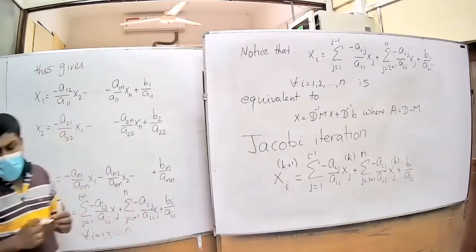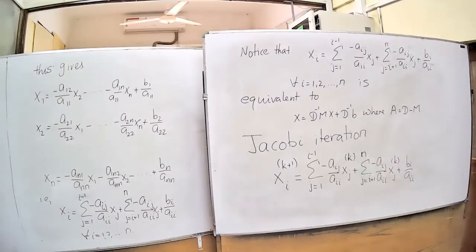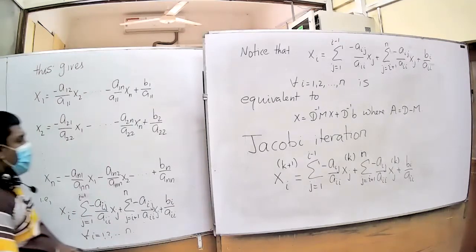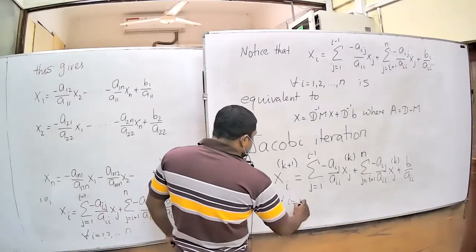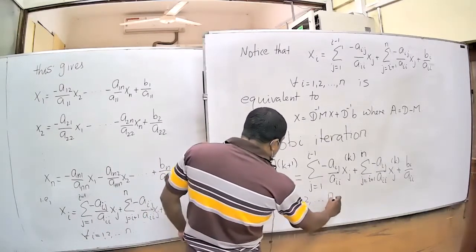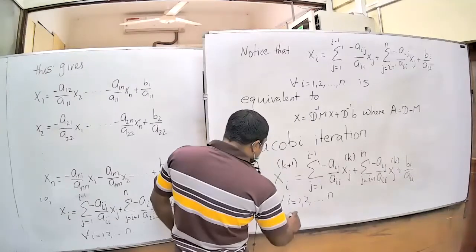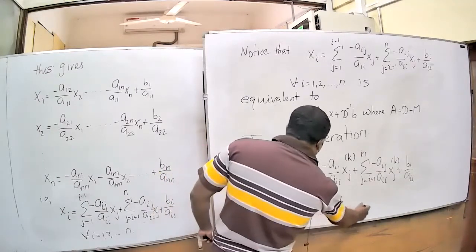So we define the Jacobi iteration as x_i^(k+1) is equal to the summation of j running from 1 to n, j not equal to i, of minus aij over aii x_j^(k), plus bi over aii. This is true for all i equal to 1, 2, all the way up to n, and k running from 0, 1, 2, and so on.